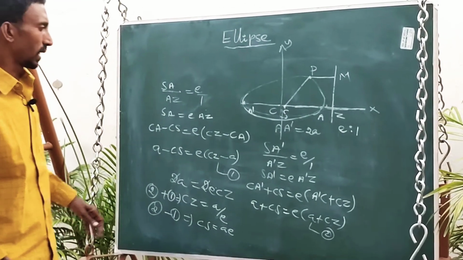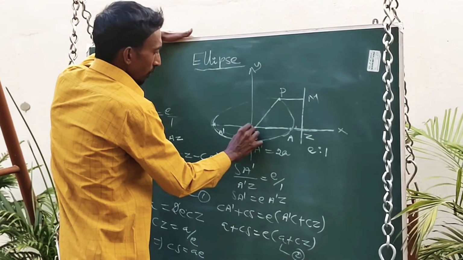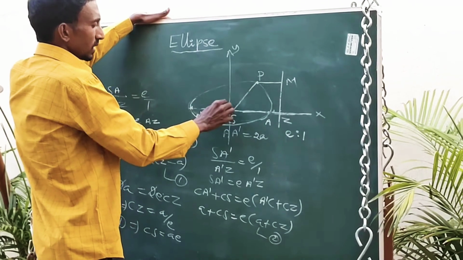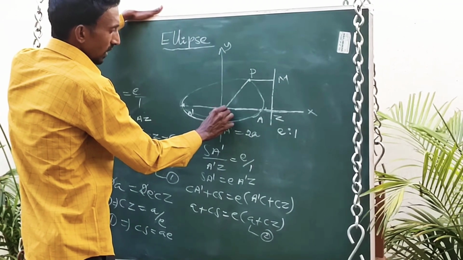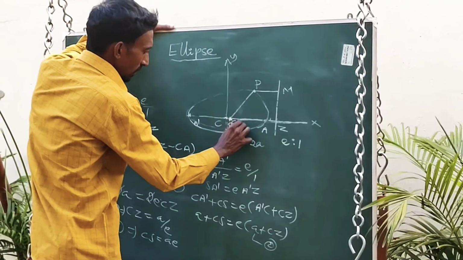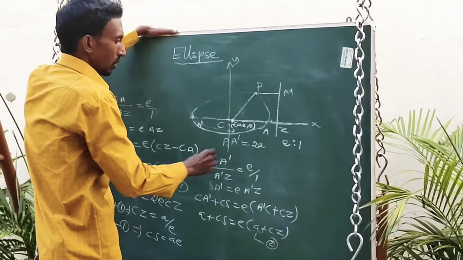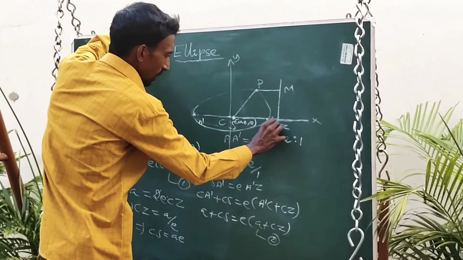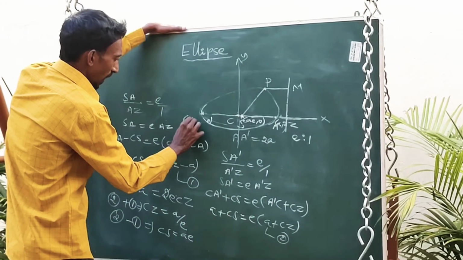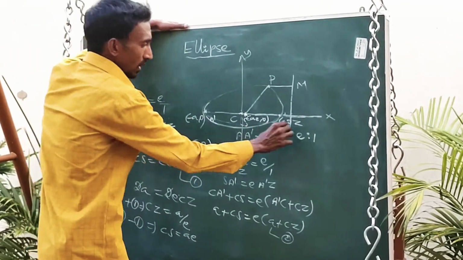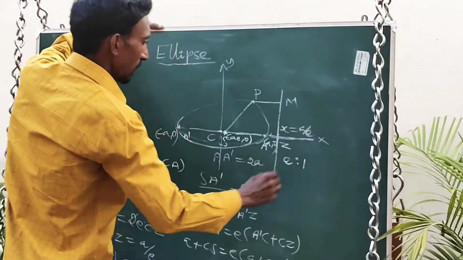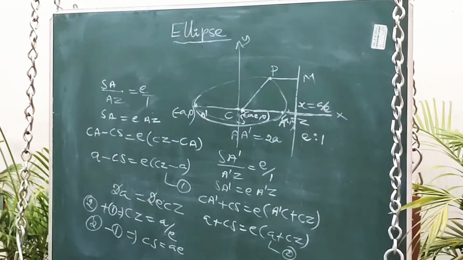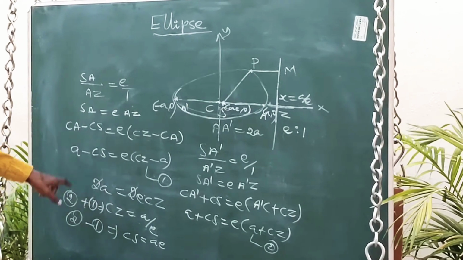Now, the meeting point of this axis is the center, and the fixed point is called the focus. It is AE comma 0, and this is A comma 0, and obviously minus A comma 0. The equation of the line is x equals A by e, as we just obtained.